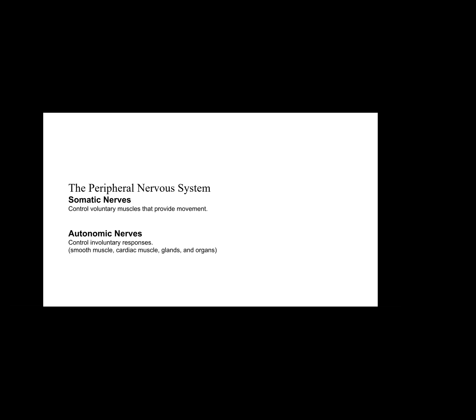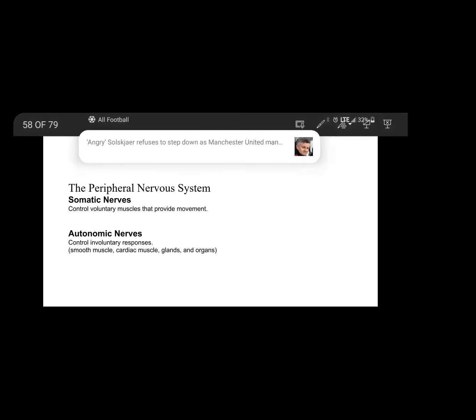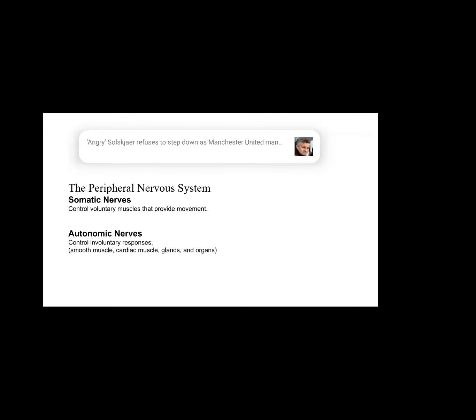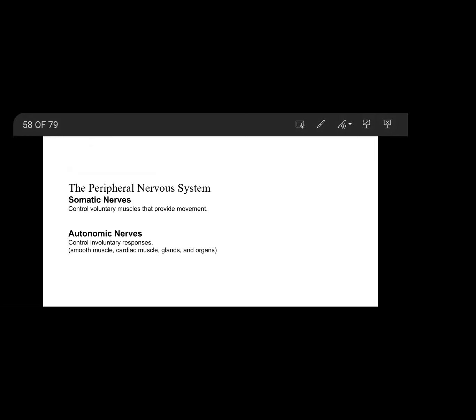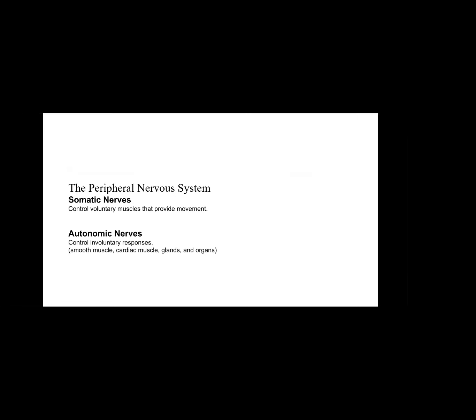These are movements that the brain doesn't need to be communicated to for them to happen, such as the beating of the heart. This is something that is always supposed to be taking place. The heart always has to pump, whether it likes it or not; it doesn't need permission from the brain. So these are the autonomic nerves that we're talking about.